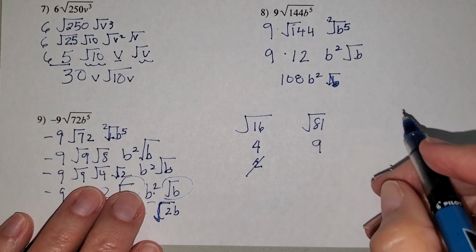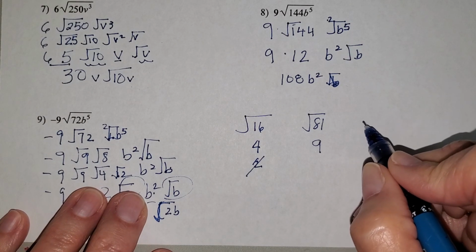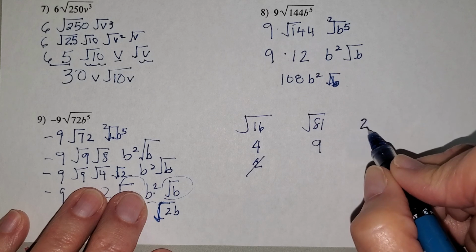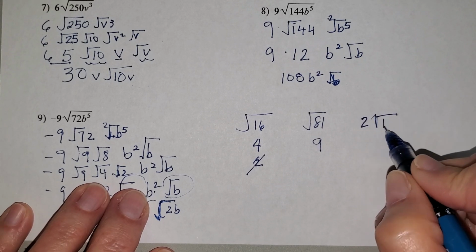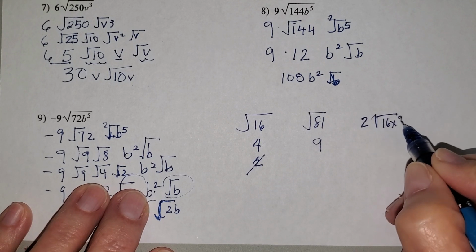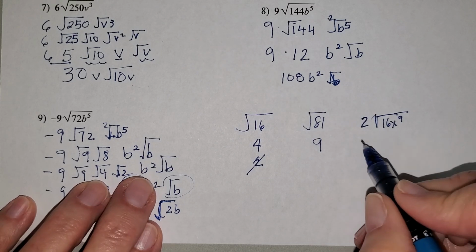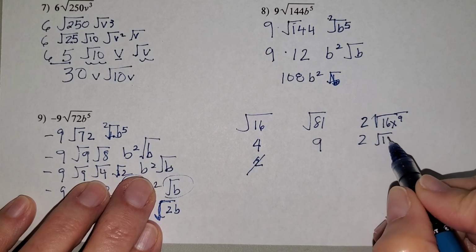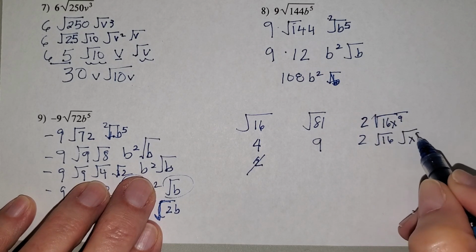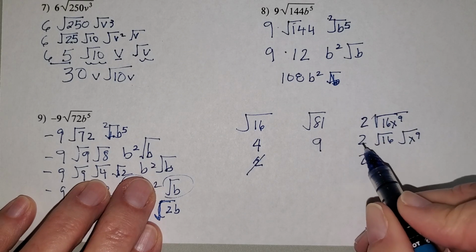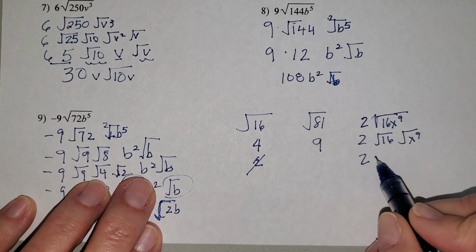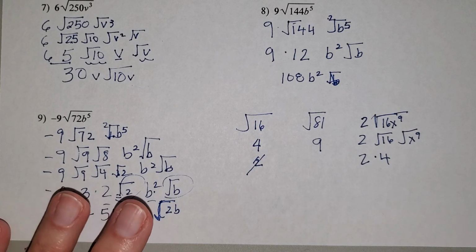So if you had this problem, 2 radical 16x to the 9th. Okay, we'd break that up into radical 16, radical x to the 9th. Bring down the 2. The square root of 16 is 4, no radical sign on it.